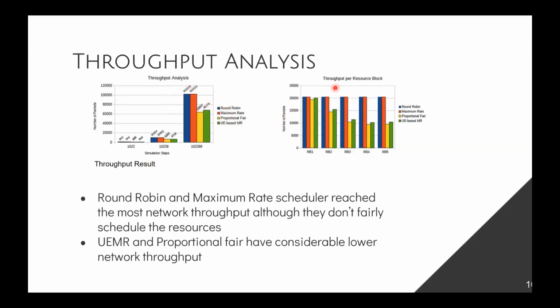And this is the throughput per resource block. As we can see, resource block 1, which has the best channel quality, gets the most packet delivery for the proportional fair and UE-based maximum rate. However, the maximum rate and round robin all have the same level of service because they don't consider the channel quality indicator.